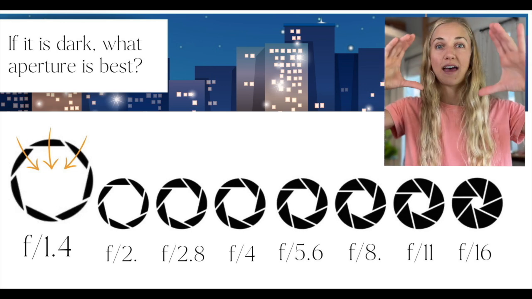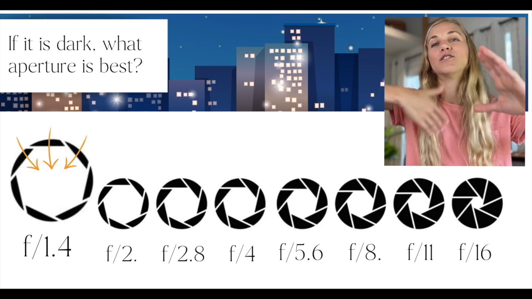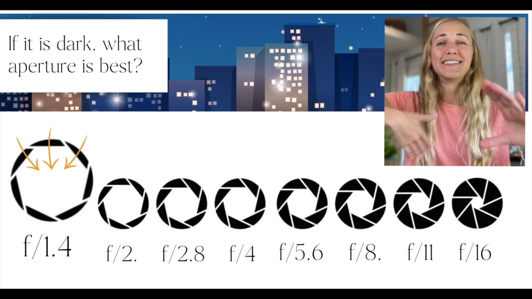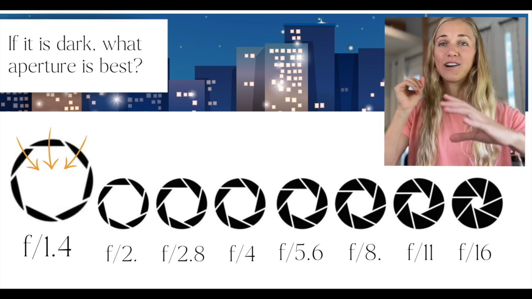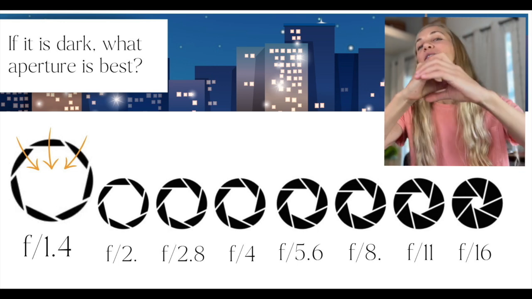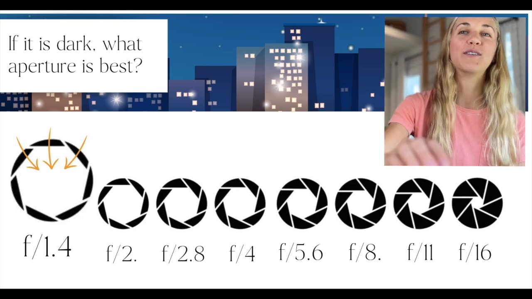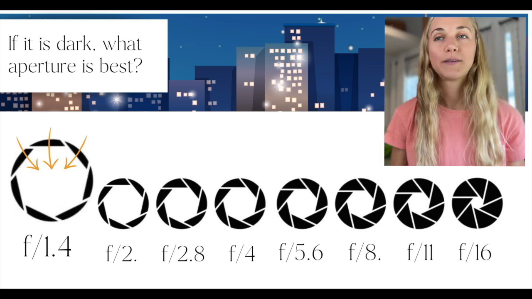So you're opening up that hole and letting light in. I guess you could think of it like a hose. If you have a bigger hose, you can get more water through, right? Same with a window. If you have a bigger window, you can get more through. So that is what you want in the dark.